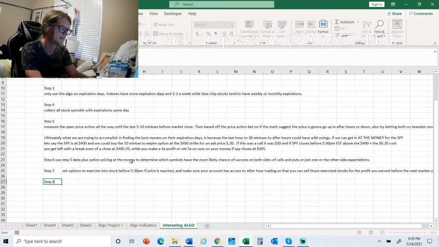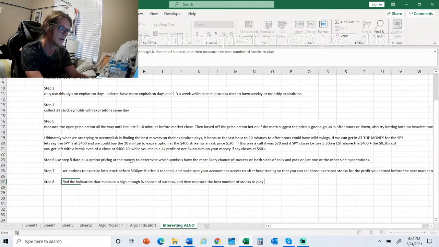Step 8. Repeat for options with... step 8 will be find the indicators that measure a high enough percent chance of success, and then measure the best number of stocks to play at the same time.